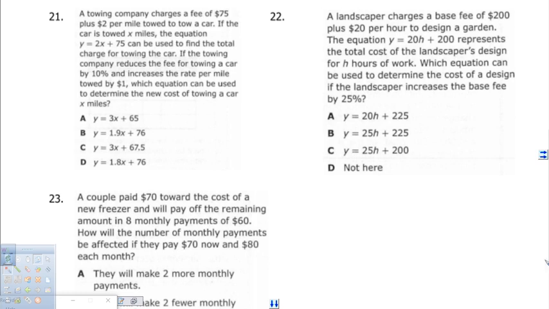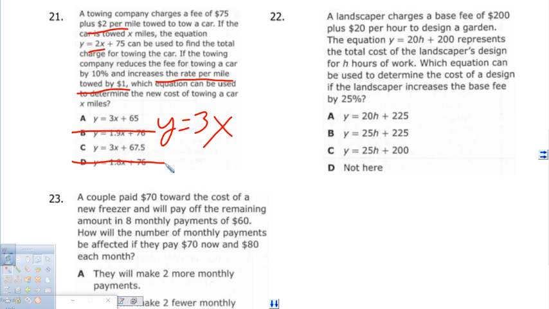So the first thing that we've got to look at is we're going to increase the rate per mile. Originally it was 2, so that's going to be y equals 3x. So we can get rid of B and D right off the bat.